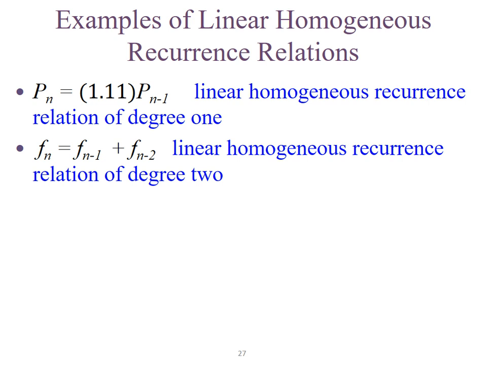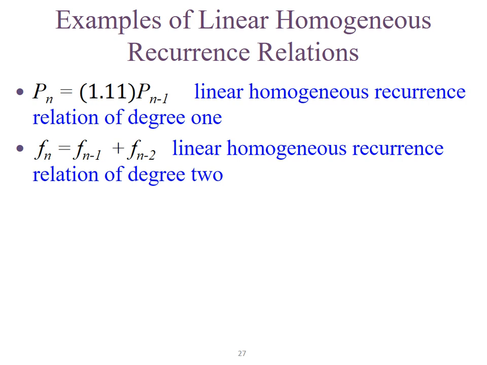Alright, so let's go back to our previous example, how to calculate the compound interest. In this form, we have Pn equals 1.11 times Pn minus 1. So now you can see we only have the previous term, Pn minus 1, with the power 1.